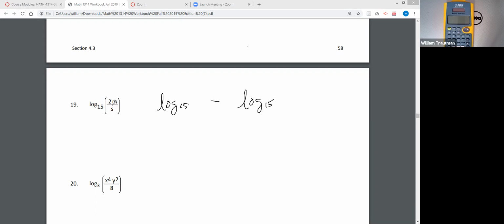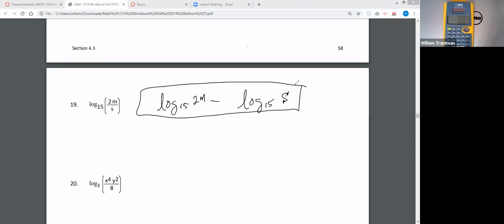Log base 15, first I have 2m, and then I have an s. I'm going to put my s's like this. And there's no powers or anything, so we're done. So when we divide, we change it to expand it to subtract.